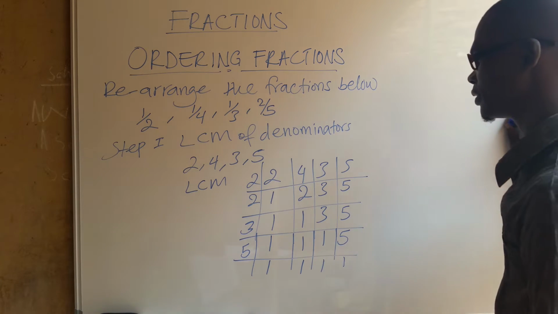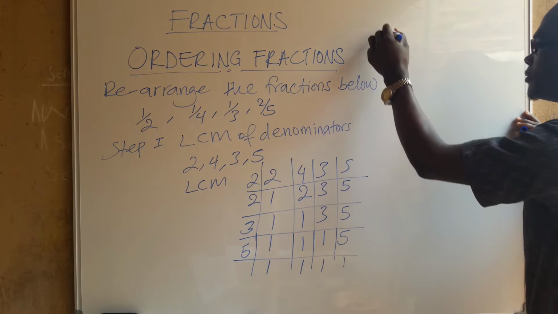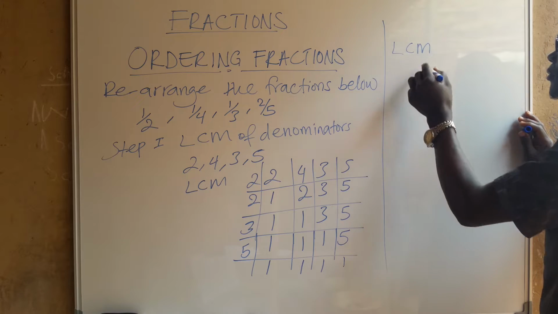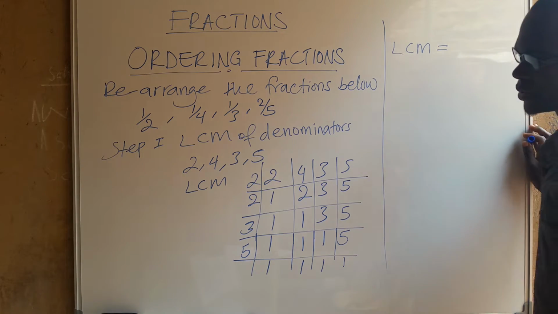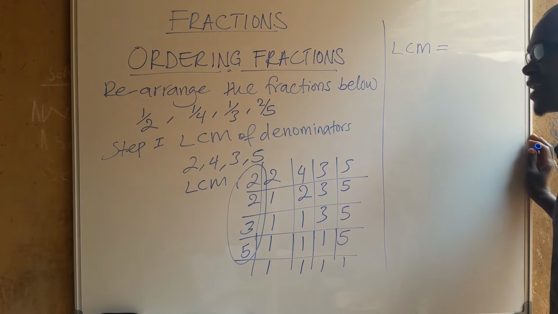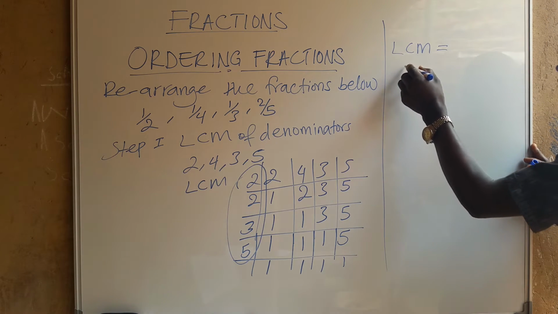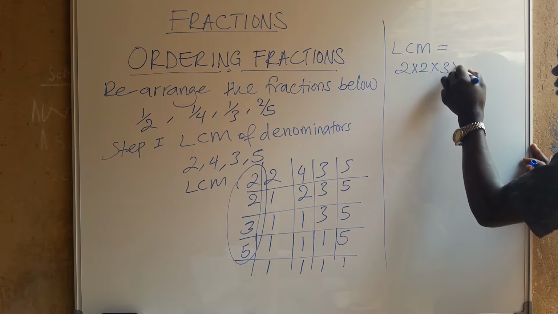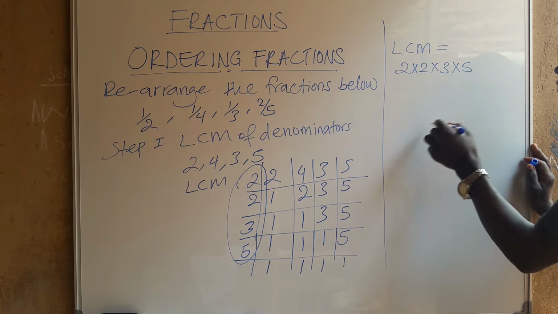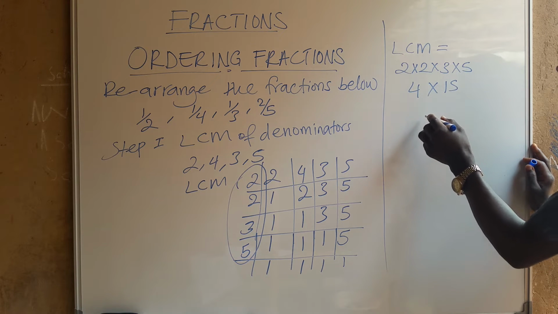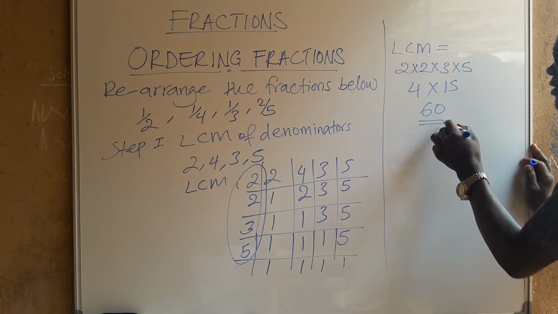And therefore, the LCM will be, we shall just multiply the prime factors. That is to say, 2 times 2 times 3 times 5, which is 4 times 15, giving us 60.